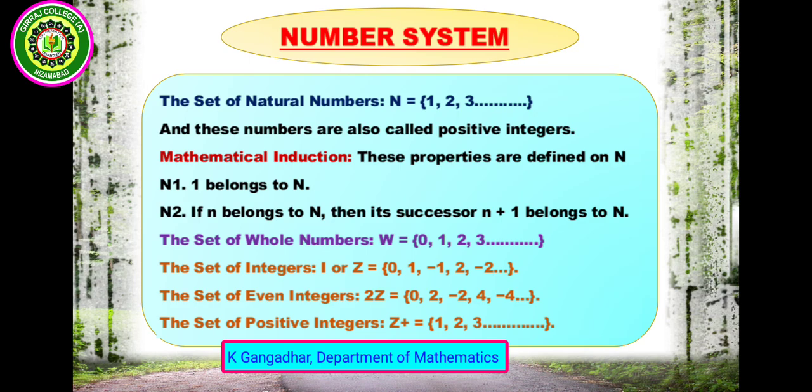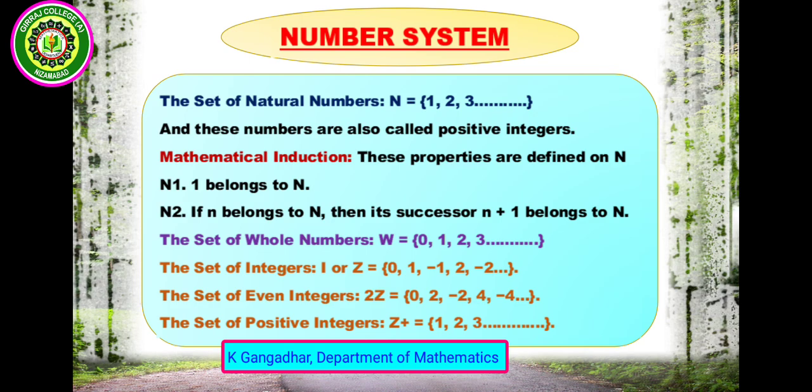Next, positive integers. When the number value is greater than 0, that number is called a positive number. In the same way, a number less than 0 is called a negative number.